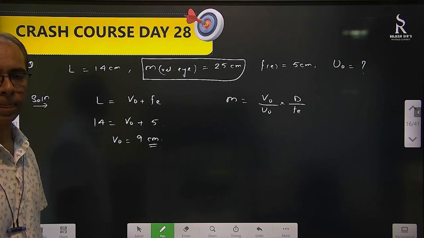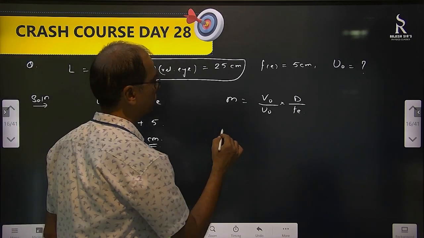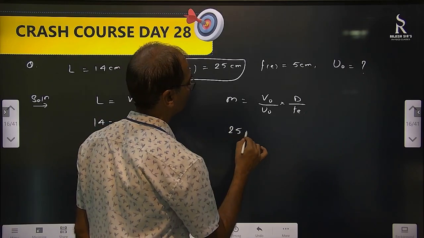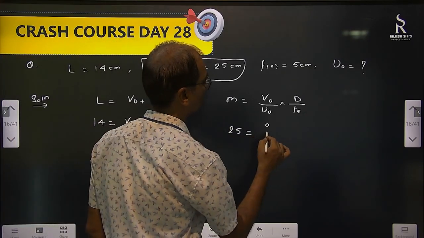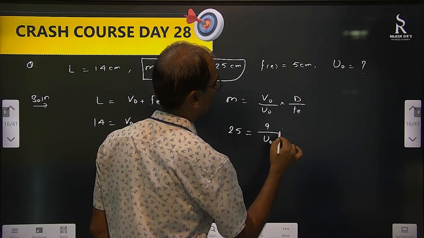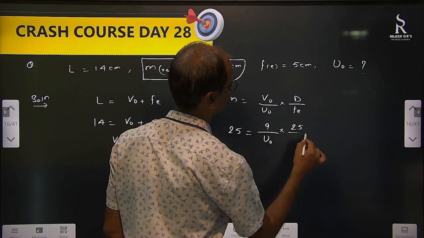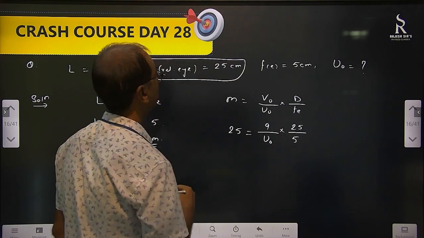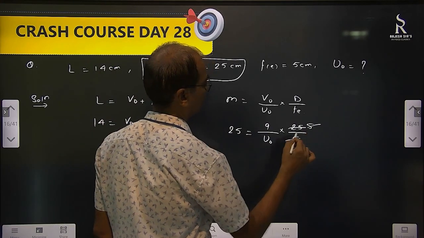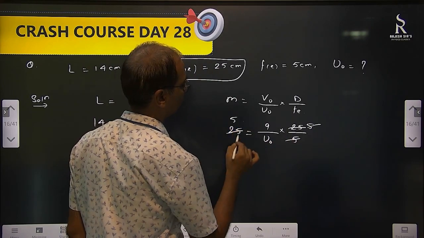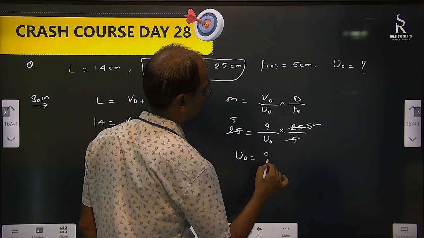M value is 25. V naught value I calculated already, 9. U naught value we have to find. D is 25 and FE is given 5. So U naught value is coming 9 by 5 centimeters.